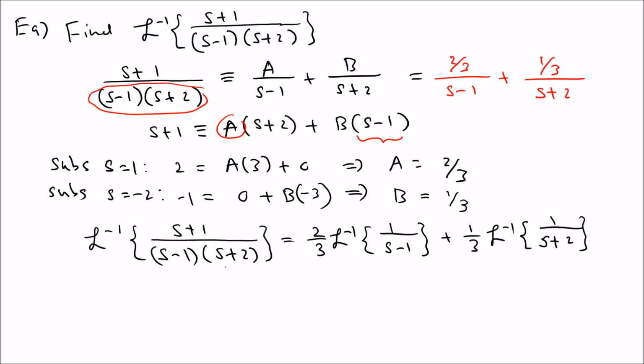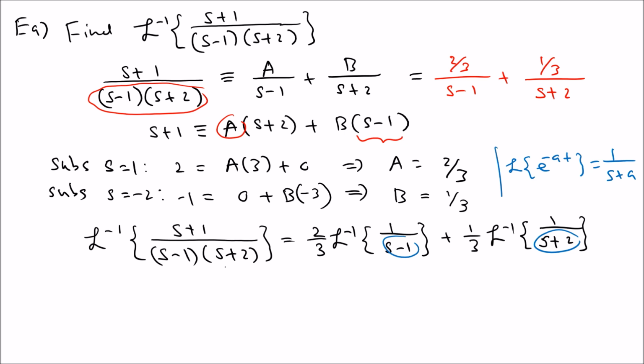And we know this, we have a formula. Remember the formula: the Laplace transform of e to the minus a t is simply 1 over (s plus a). You can see that's exactly the form we have in both. In the first one a is -1, in the second one a is 2.